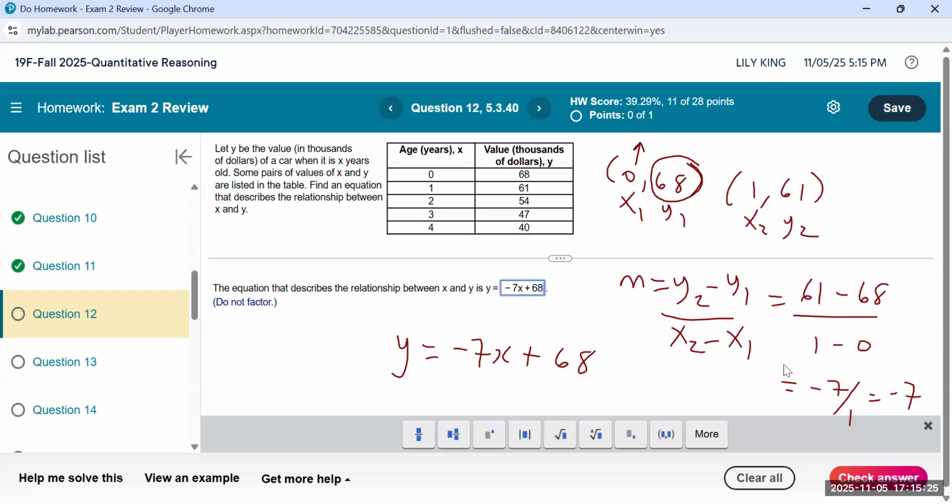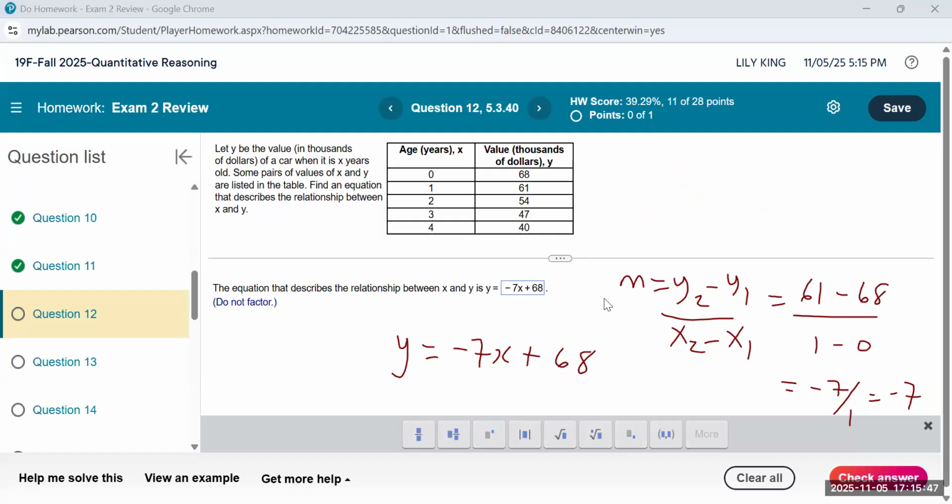All right. Now, another way you can find a slope if you don't want to do all of this work, you can do new minus old. So you take 61 minus 68. And that should give you the constant negative 7 from time period to time period.